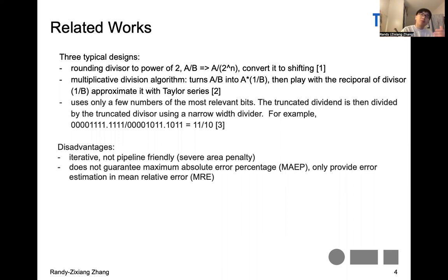That's why we want the error to be predictable. But most of these approximate dividers give us an error in mean relative error, abbreviated MRE. It does not guarantee the maximum absolute error percentage we're getting. That's one feature that we definitely don't desire.